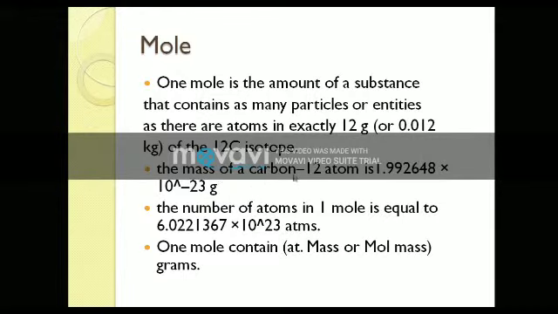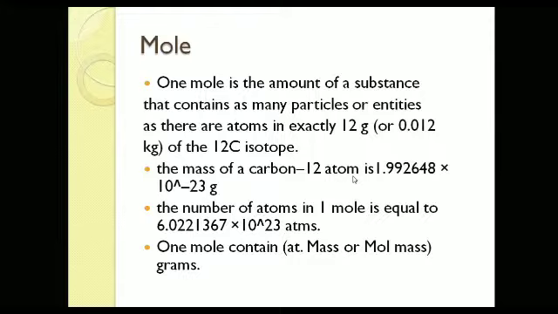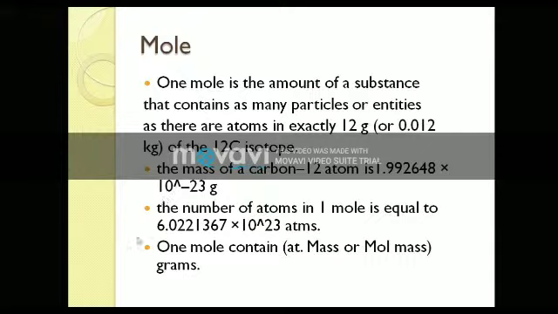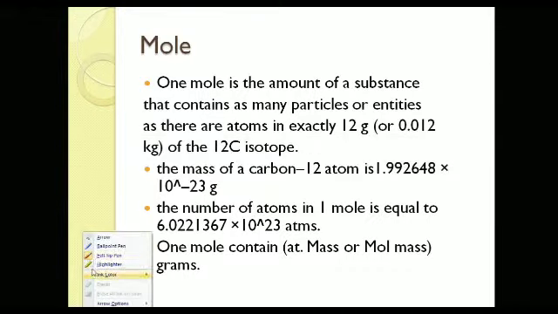The mass of a carbon atom is 1.99 × 10^-23. So when you calculate how many atoms there are using this mass, you will get Avogadro's number.